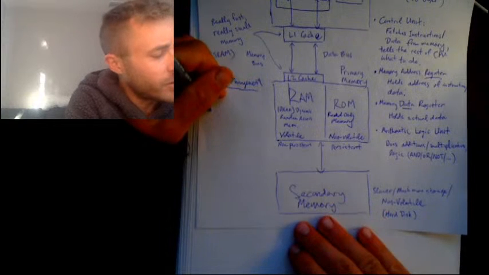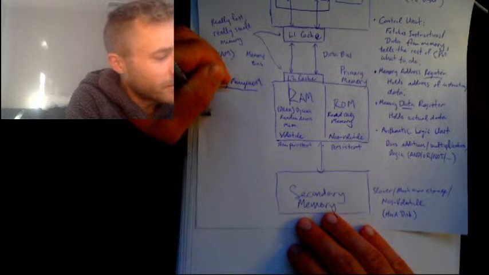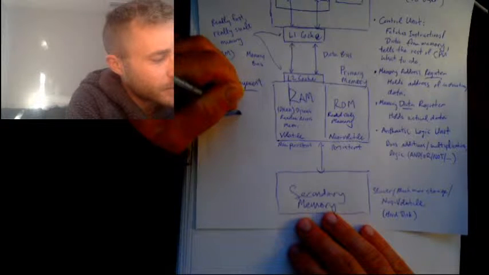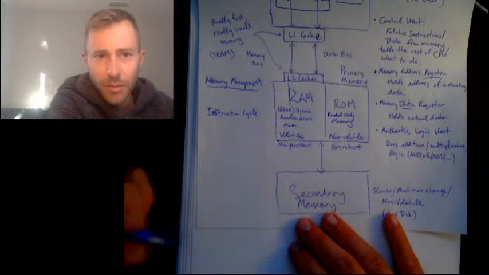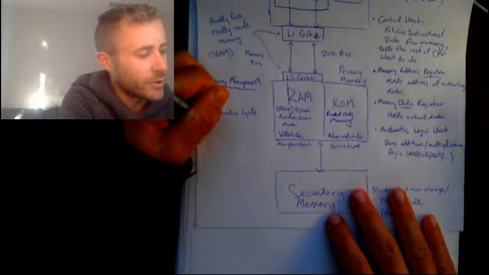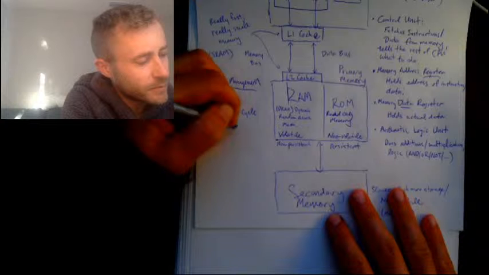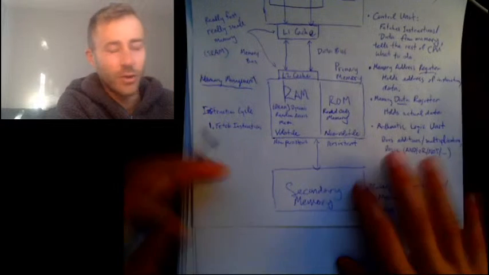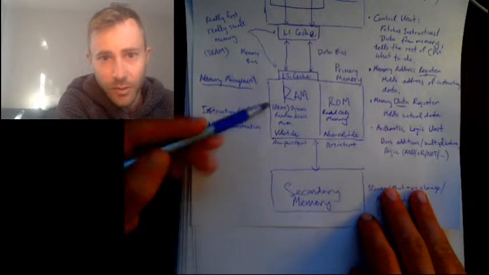I want to talk about the instruction cycle. So what is happening within the control unit? Basically, the control unit is going to fetch the instruction. Now the next instruction is stored somewhere in the RAM.